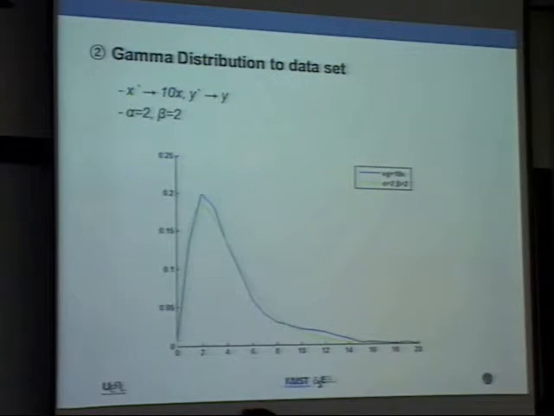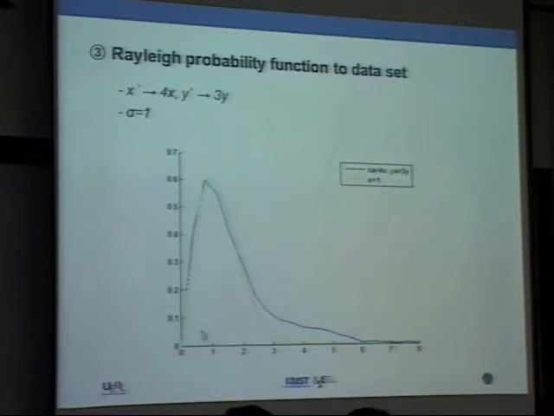And in gamma distribution, when alpha is equal to 2 and beta is equal to 2, the model is corresponding to our PDF of data set. In the Rayleigh probability function, when sigma is equal to 1, the model is corresponding to our data set.